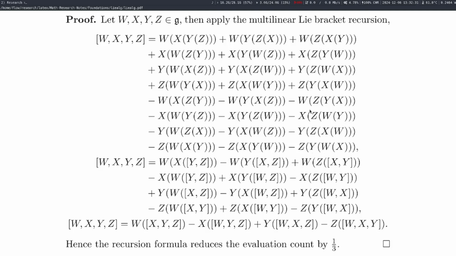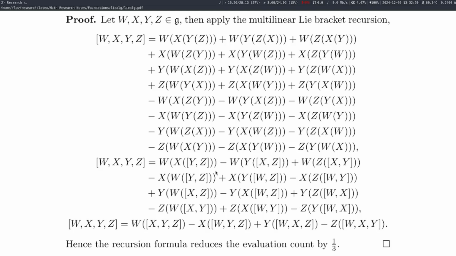And we can replace the sum of those two with w of z of the commutator of x and y. So that takes care of the w's. That reduces the number of evaluations by half. And now we have just one row of the w's, one row of the x's, one row of the y's at the beginning, and one row of the z's.